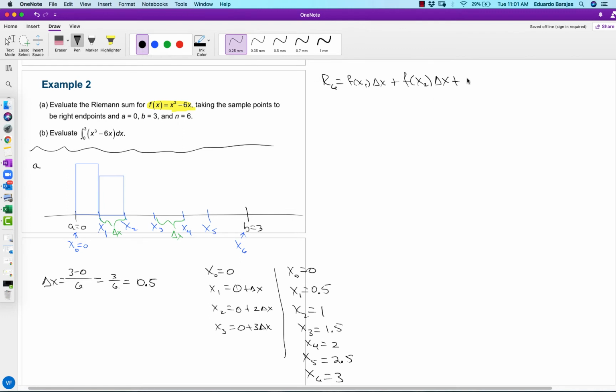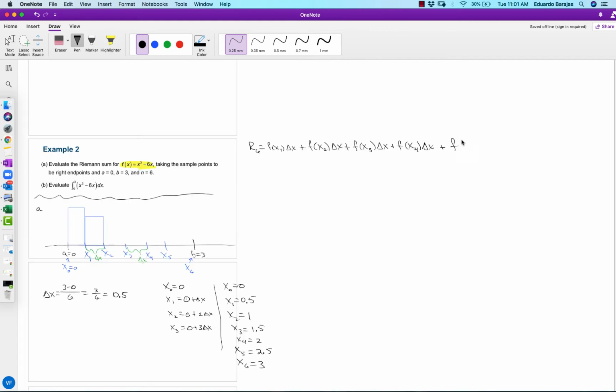So this becomes f of x sub 3 delta x plus f of x sub 4 delta x plus f of x sub 5 delta x plus f of x sub 6 delta x.